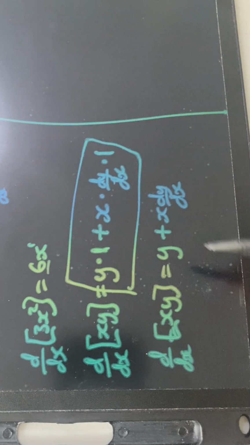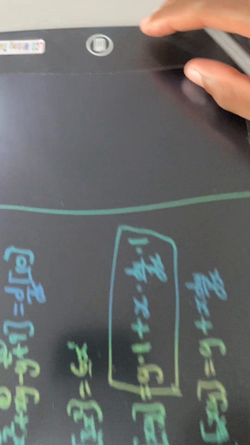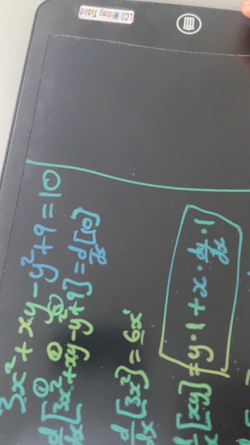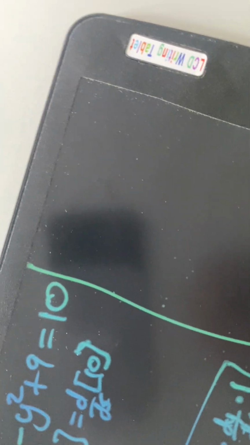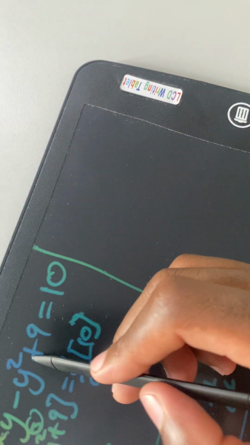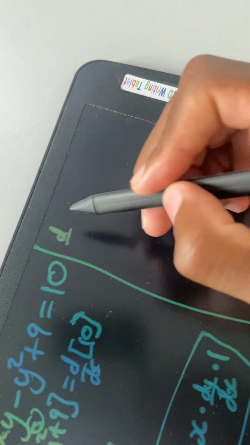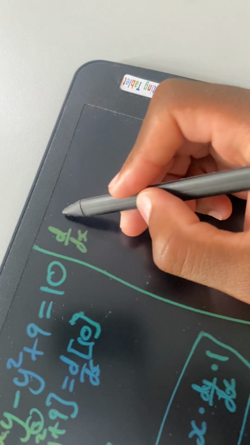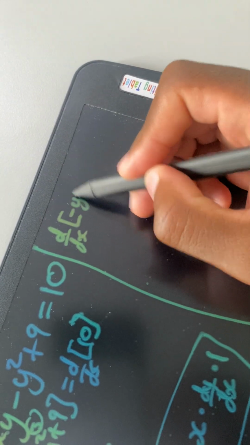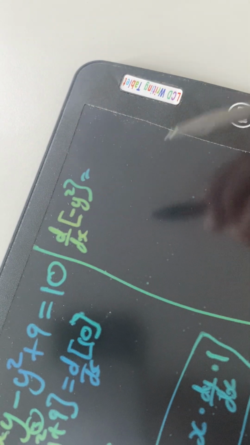And then now we are finding the first derivative. Remember, now we have to find our third term, dx of negative y squared. This is our third term, right? So same thing here.